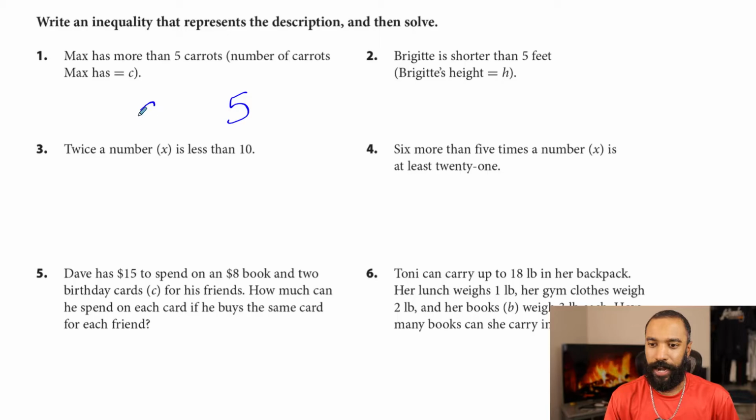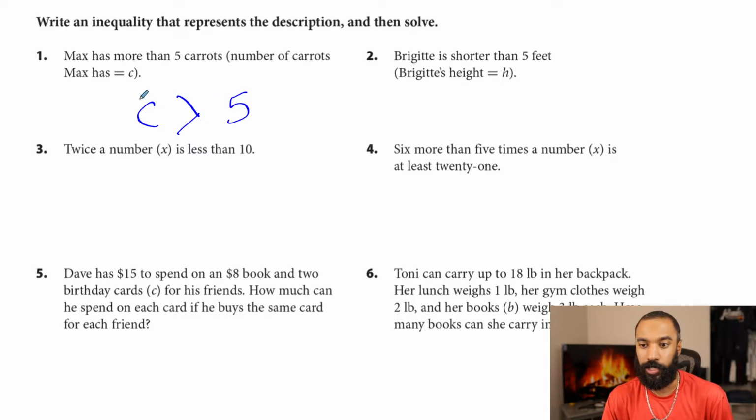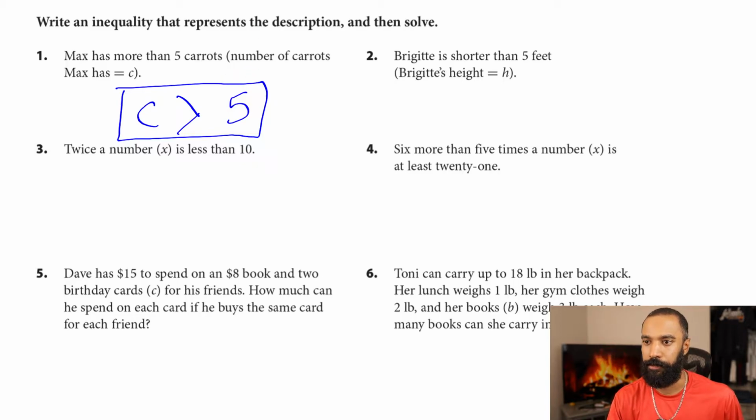Here are the number of carrots that Max has. He has more than 5 carrots. So what we're going to do is represent that with the proper inequality symbol, greater than, facing the C right here. Max's number of carrots is greater than 5. And it's also solved for now that we're there. I'll graph the other ones later. I'll just go ahead and do these ones on their own.